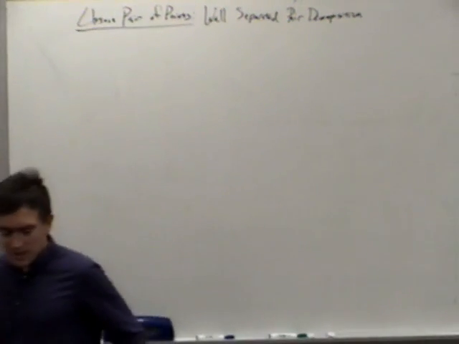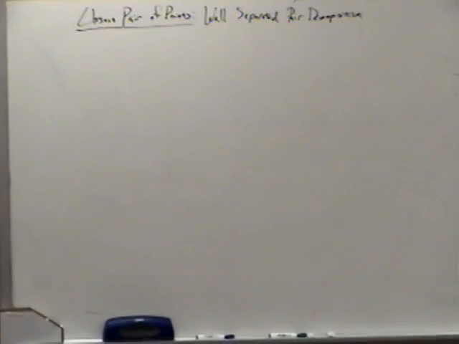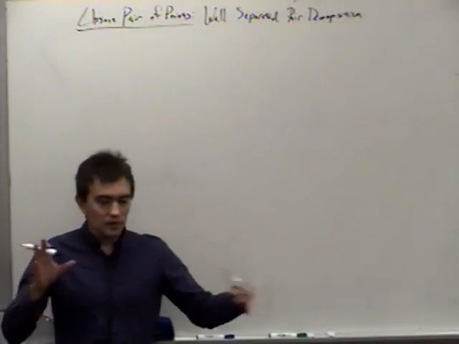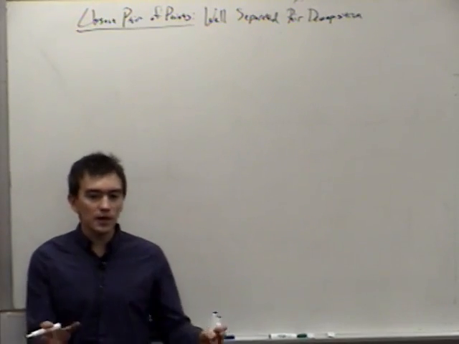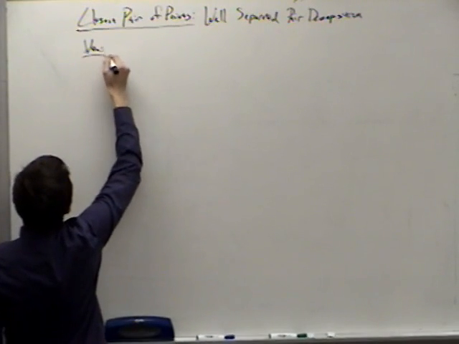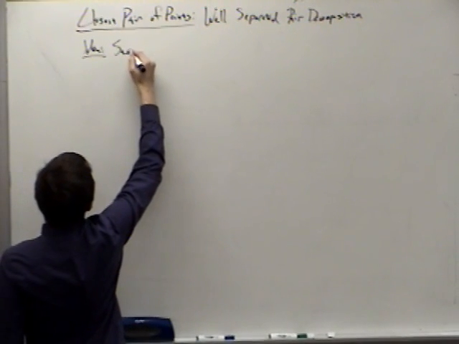The idea behind a well-separated pair decomposition is that it takes some collection of points, and instead of finding all interactions, all n squared of them, it computes a summary of these interactions, which is only order n.